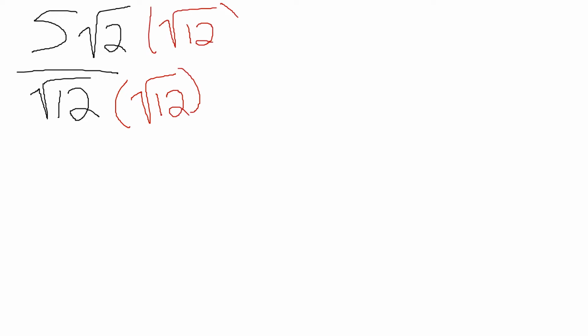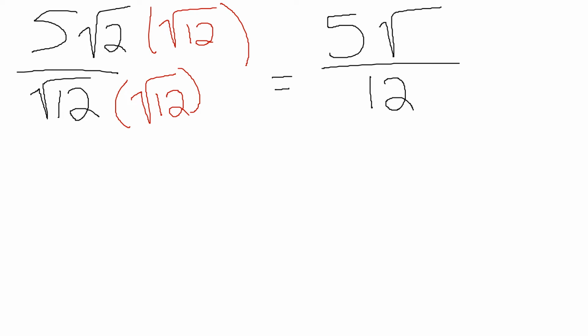Because remember, a square root times itself eliminates that radical sign. So square root of 12 times square root of 12 simplifies to 12. 5 square root of 2 times the square root of 12 is 5 square root of 24. So step 1, multiply by the radical to eliminate the radical.